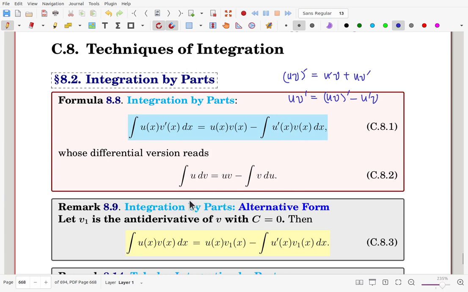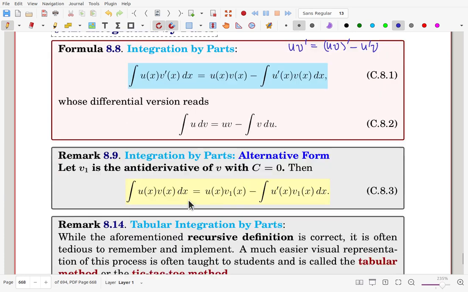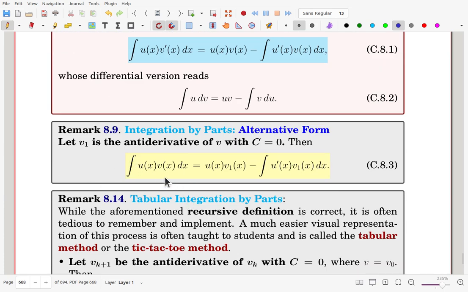An alternative form is given in this way. Now, rather than V prime, we are using V. Then V1 is the antiderivative of V with the constant 0. Then here, UV1 minus U prime V1.